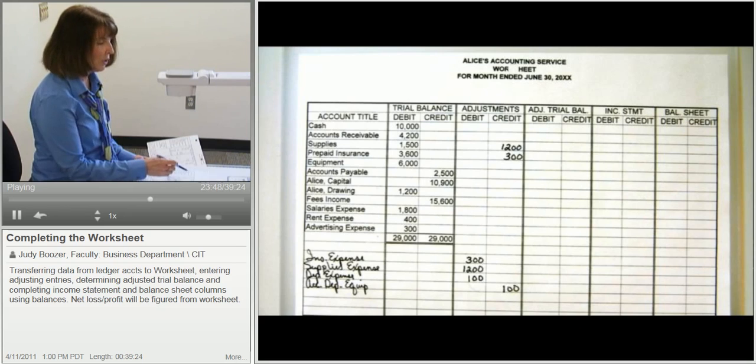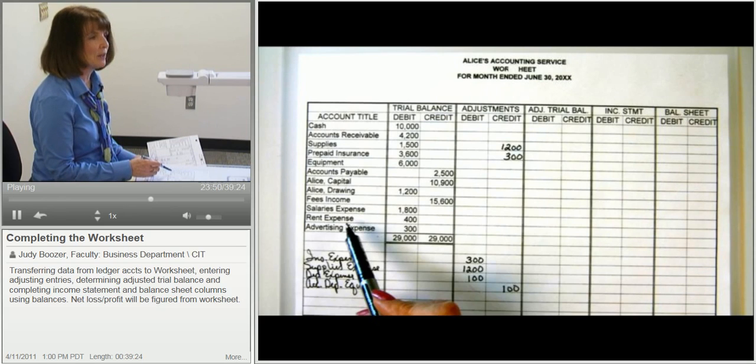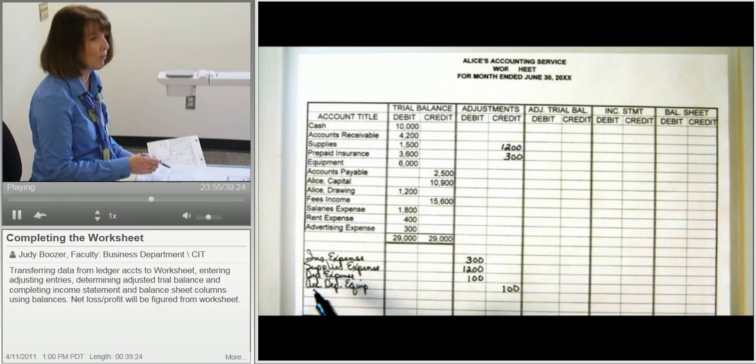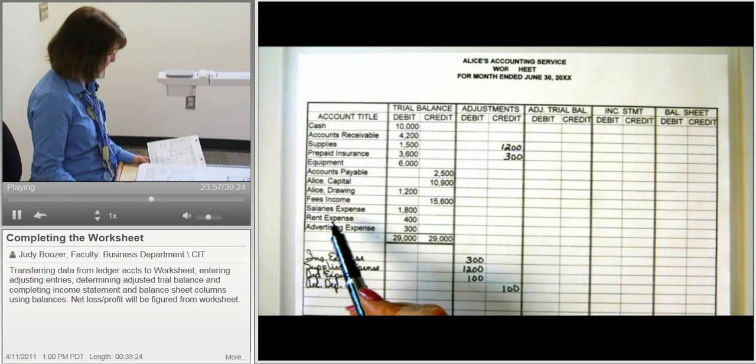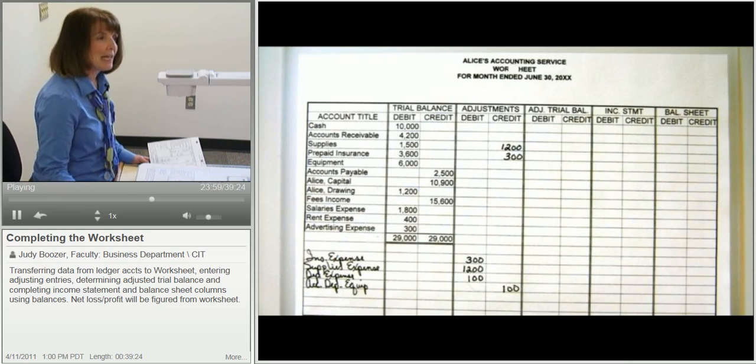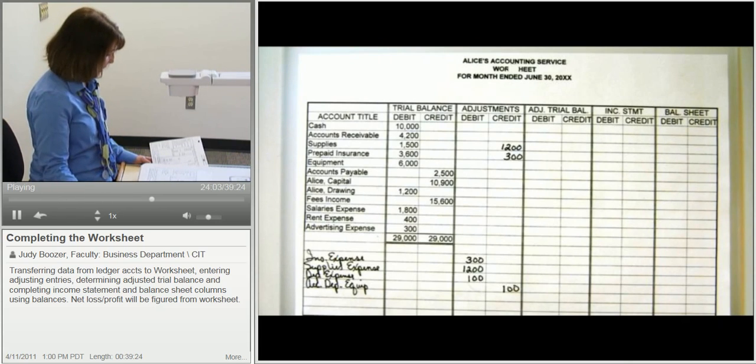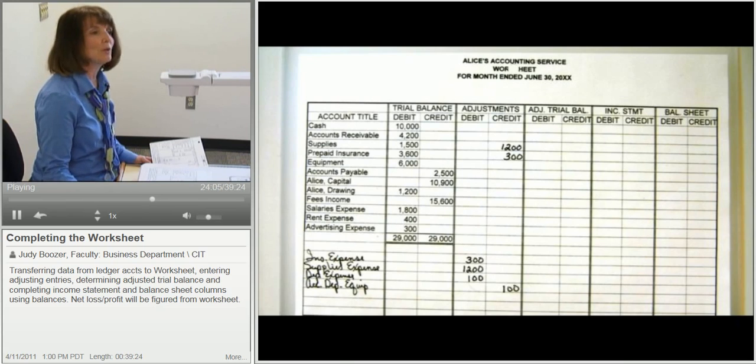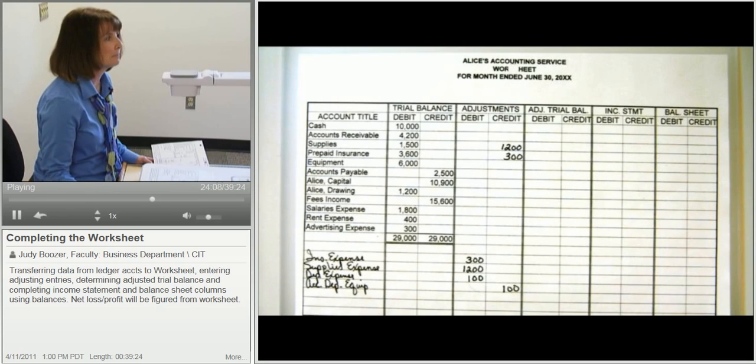You always want to look up here, though, to see if the account is already listed. If not, then you add it, but only if it's not up here already. Now, the last adjustment is this. Salaries earned but not paid for June, $500. Salaries earned but not paid.